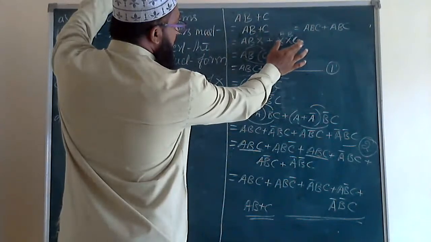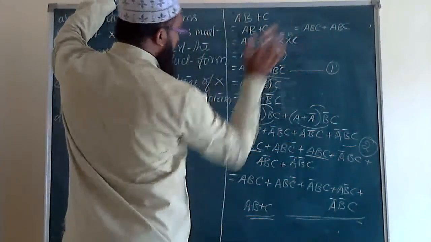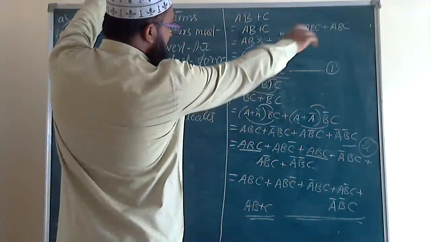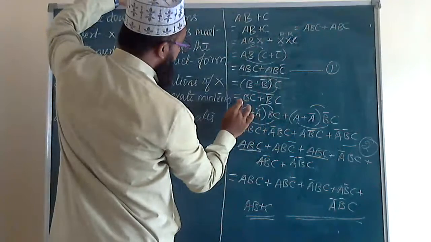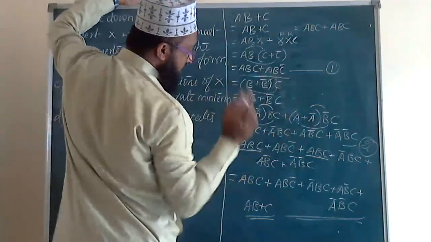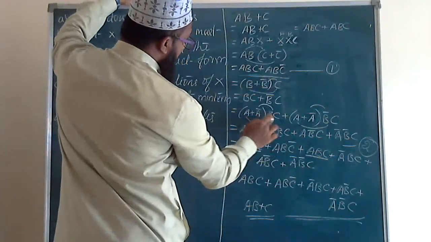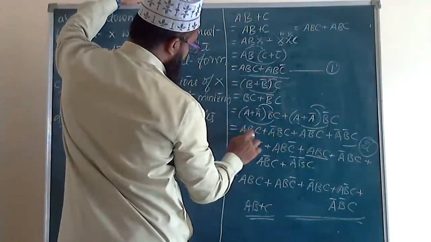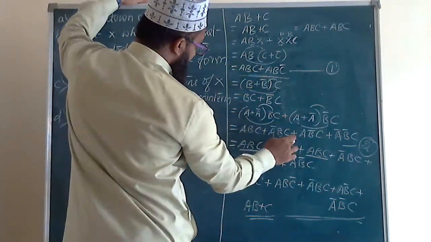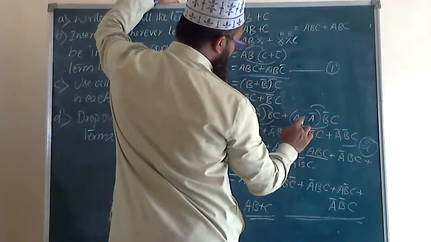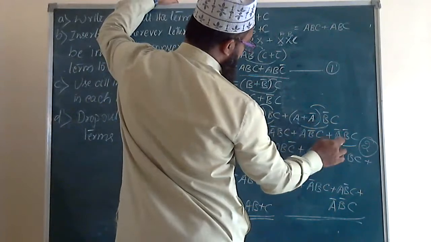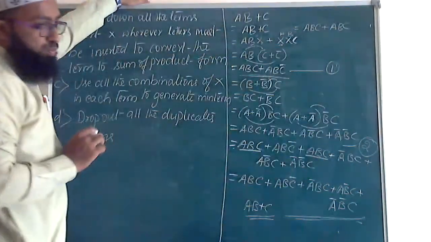We need all three variables, A, B and C, in the term, so I will take A plus A bar. Now expand: A into BC, ABC, plus A bar into BC, A bar BC, plus A into B bar C, AB bar C, plus A bar into B bar C, A bar B bar C. Take this as 2.